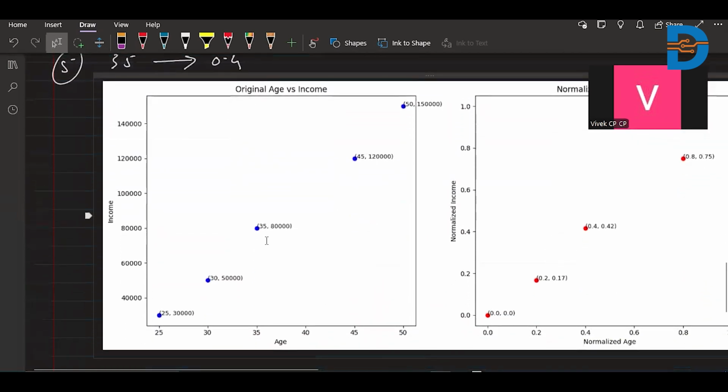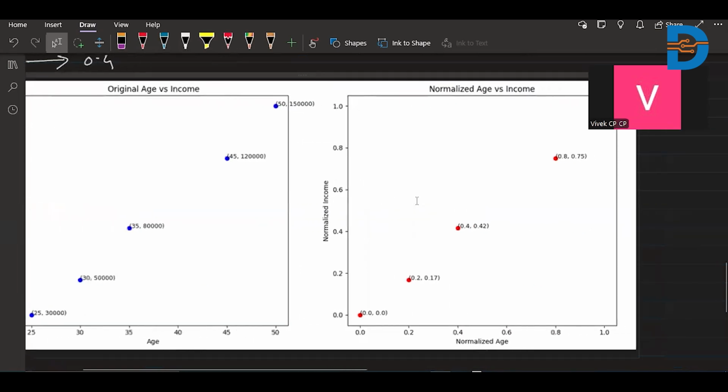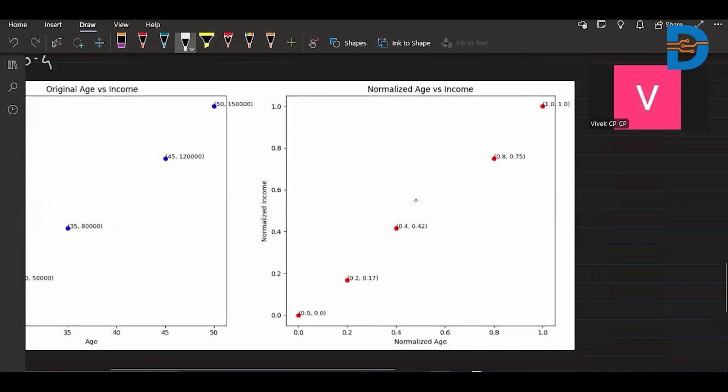Okay. So I've done the job of plotting the relationship between the age and income. So this is the original case when the things are not normalized. You're looking at the original scale over here. This is what the relationship looks like right now. And when you scale it over here, these are the normalized age values and these are the normalized income values.